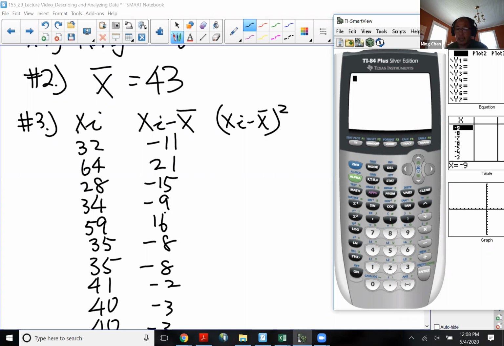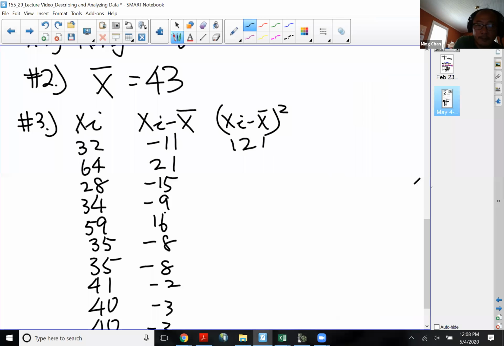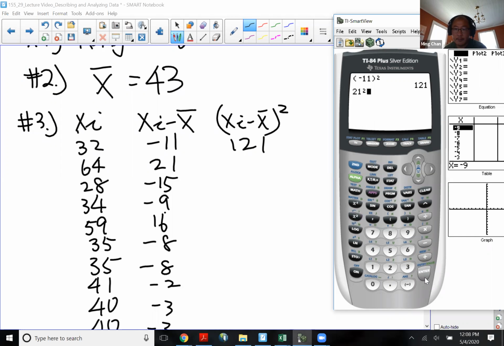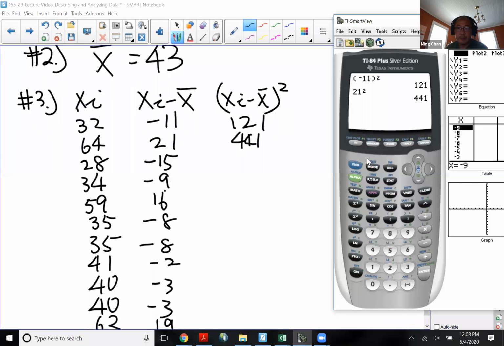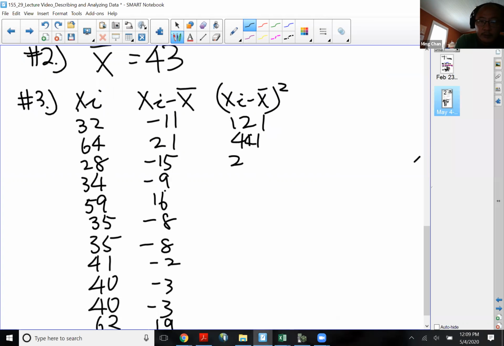If I take negative 11 squared, I get 121. If I take 21 squared, 441. Now they all become positive. 15 squared is 225, 81, 64, 64, 499.